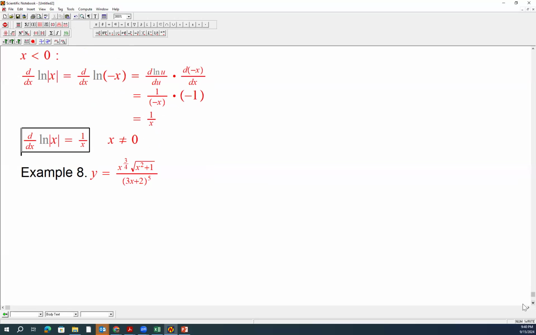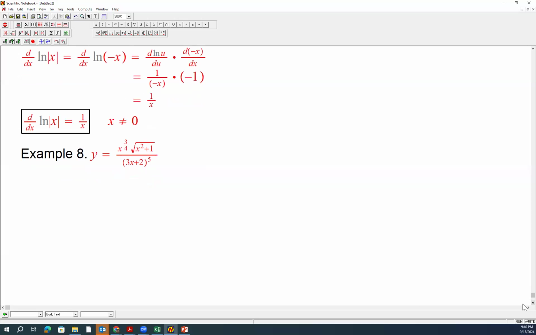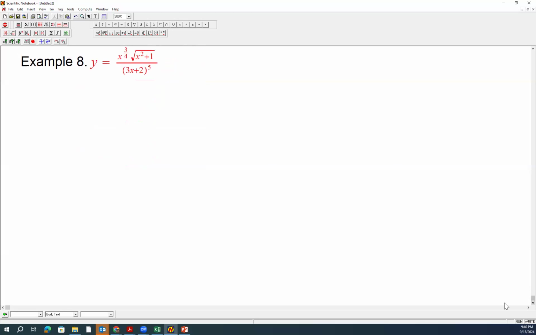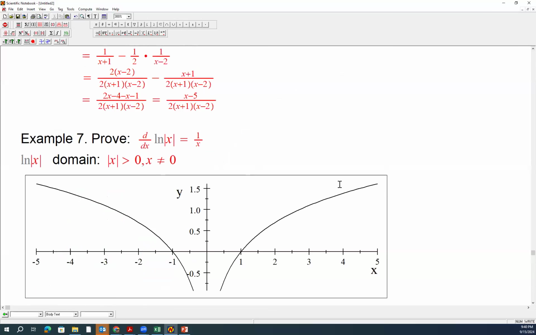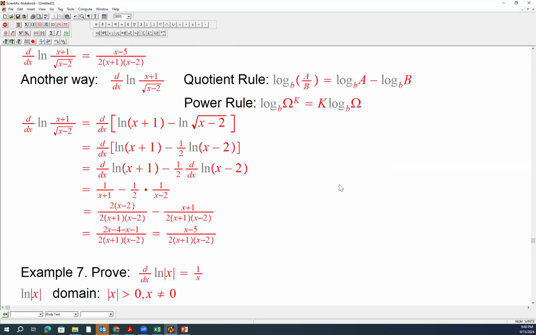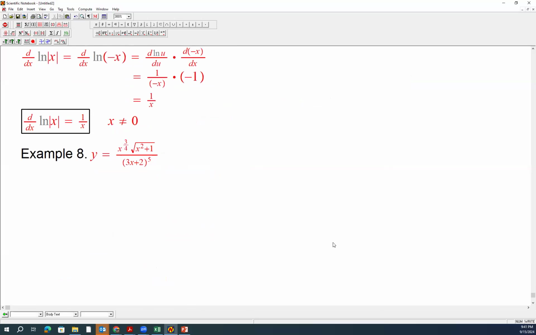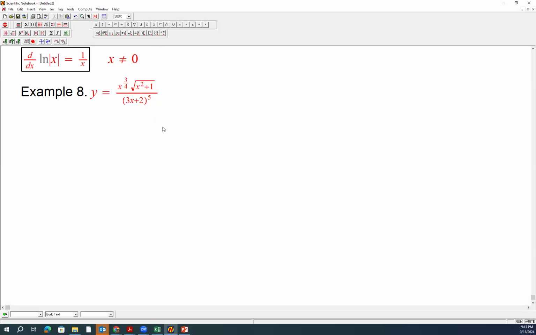All right. Number 8. If we're differentiating this function directly, it's going to be rather complicated, because the derivative of that function already showed some complication. But this time we don't have a logarithm, but we can do the following.